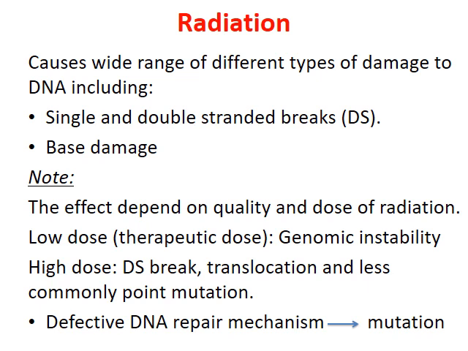The effect of radiation depends on the dose and the quality. A lower dose, the therapeutic dose, results in genomic instability, while a higher dose will result in different kinds of genetic abnormality, maybe a mutation, different types of mutation like translocation, deletion, point mutation, whatever. So it depends on the quality and the dose of radiation.